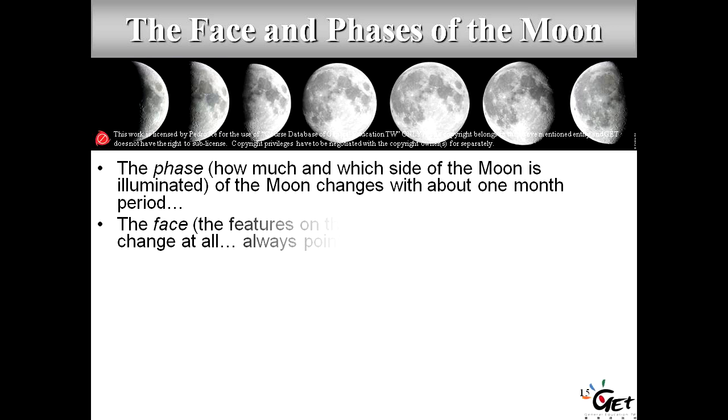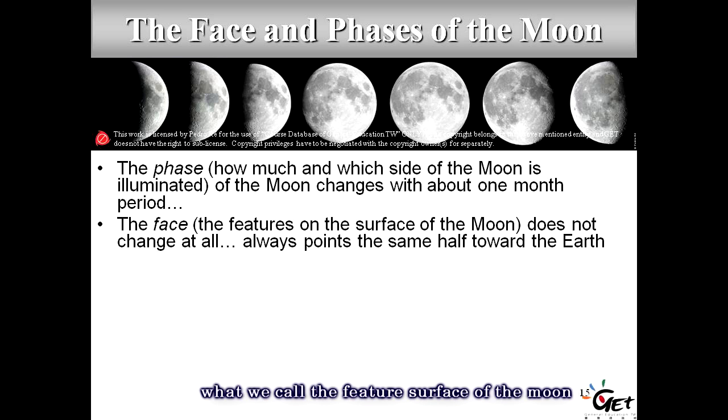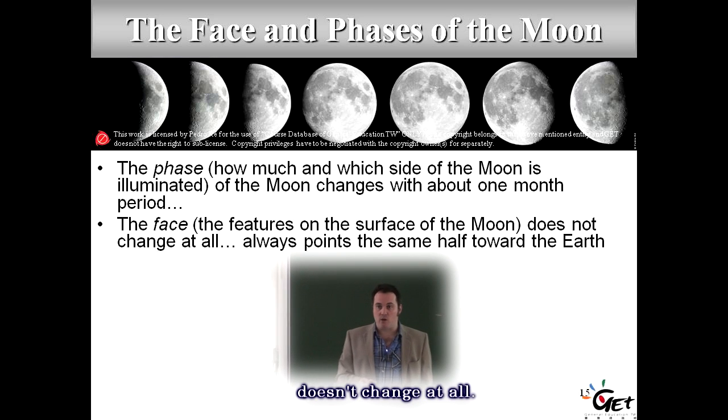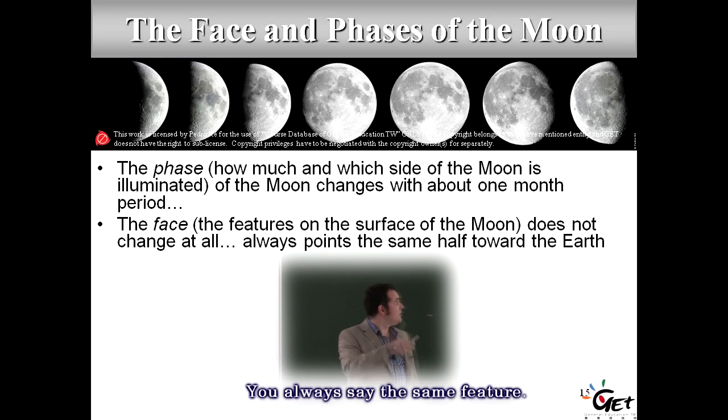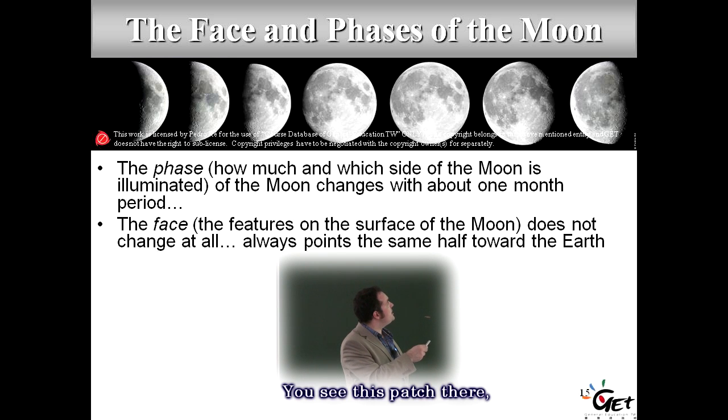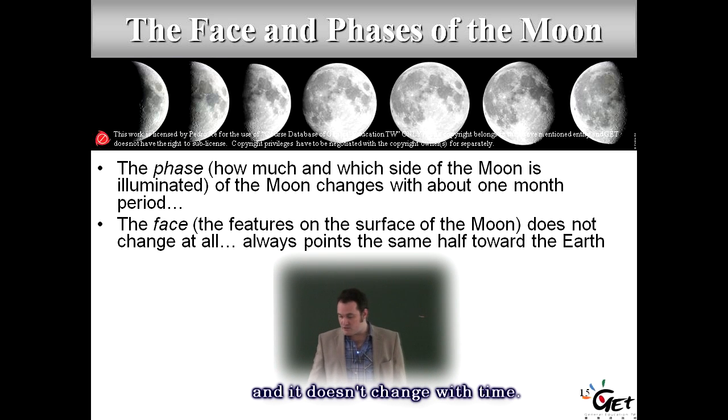The phase is what we call the feature of the surface of the moon, which doesn't change at all. I mentioned that already. You always see the same feature. You see this patch here, it's always there. It doesn't change with time.